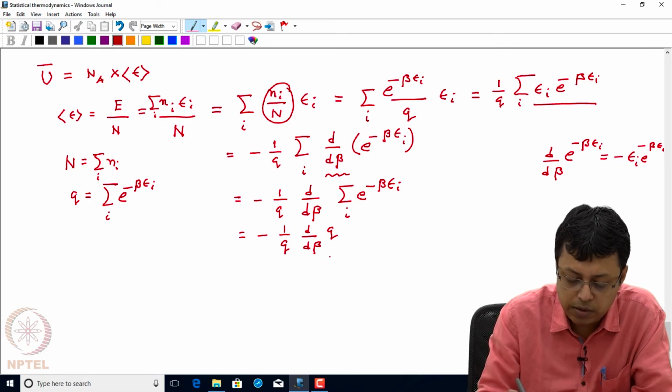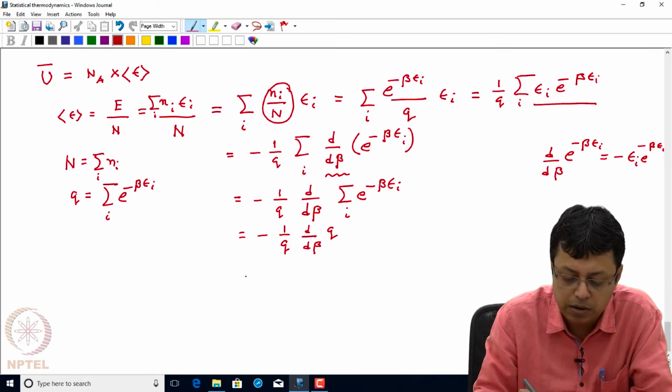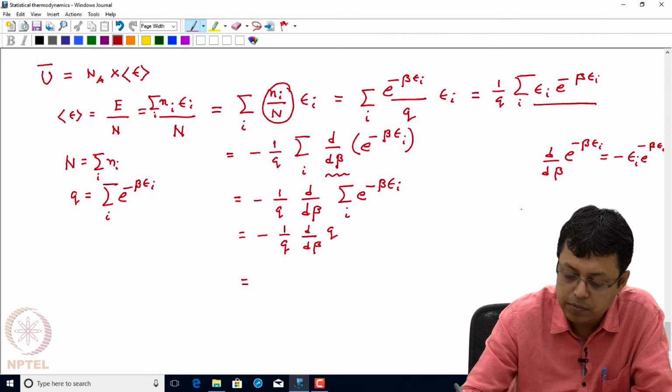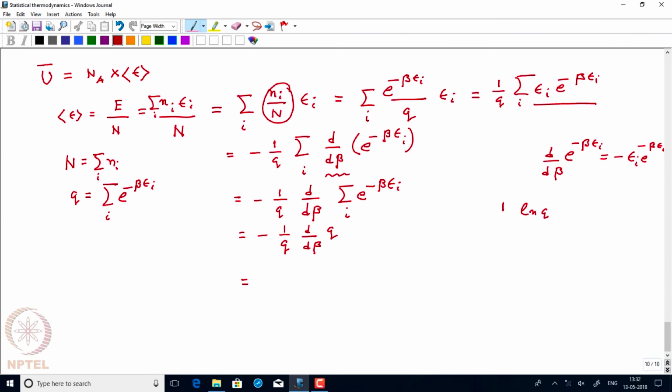Now what is this quantity, 1 over q d beta q? If I take ln q and take the derivative with respect to beta, I'll have 1 over q times dq d beta. So this quantity is nothing but d ln q d beta.